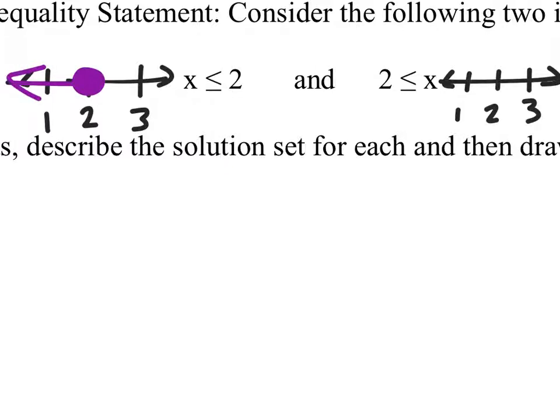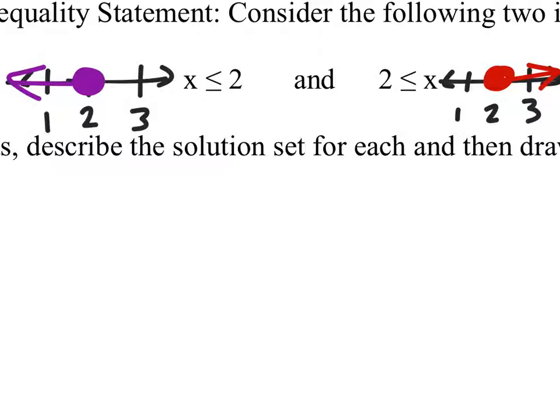What about this one on the right? 2 is less than or equal to x. Open or closed? Closed at 2. Does it eat the x? Yes, it does, so it goes to the right. So describe the solution set for this first one in words.